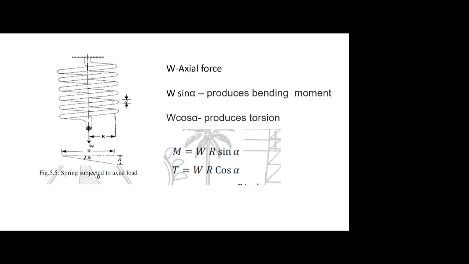Looking into the figure, this W sin alpha will produce bending moment. That means it will act as a direct axial force, and the W cos alpha will produce torsion. Then the bending moment value will be WR sin alpha, and the torsion or the torque will be WR cos alpha.